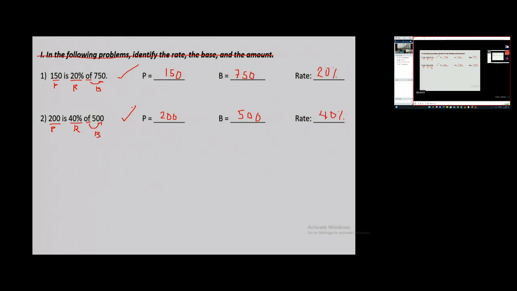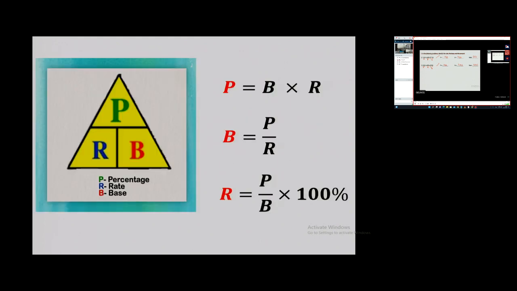You understand? Okay. Now that you understand, can you please copy the formula for you to remember, okay? Now, we need this formula for later.